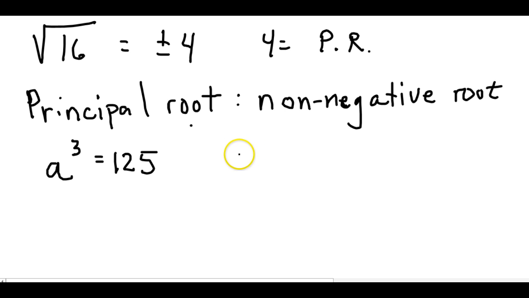What times what times what equals 125? 5 times 5 is 25, times 5 is 125. So 5 cubed is 125.